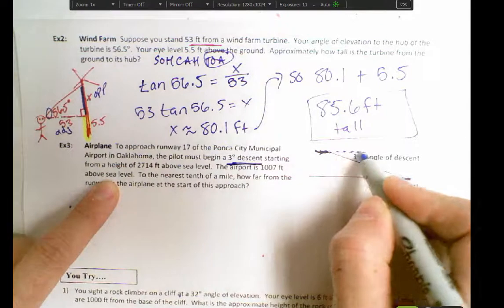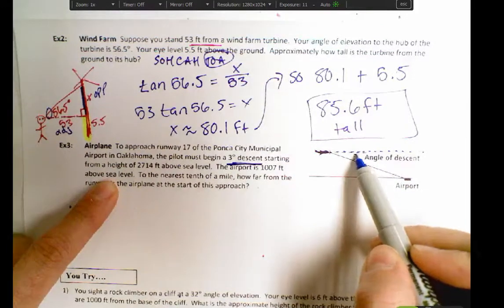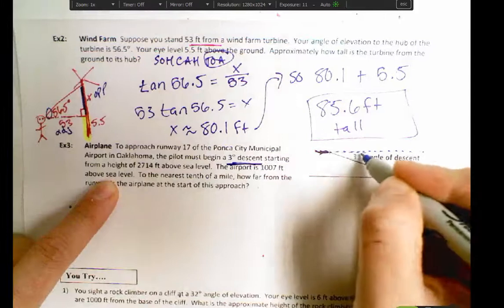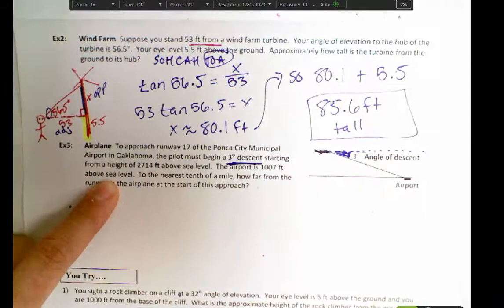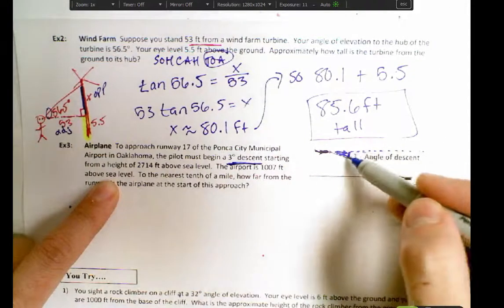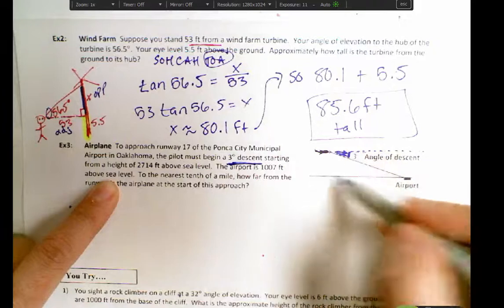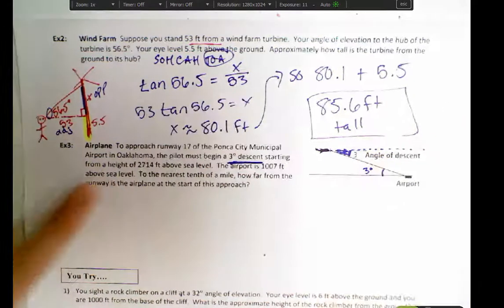So from the airplane, I need a horizontal line. So my angle of elevation or angle of descent or depression is 3 degrees. It's below the horizontal line, so it's a descent. But the horizontal is parallel to the horizontal, so I know that this angle is also going to be 3 degrees.